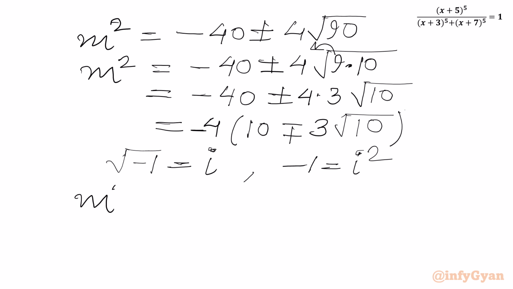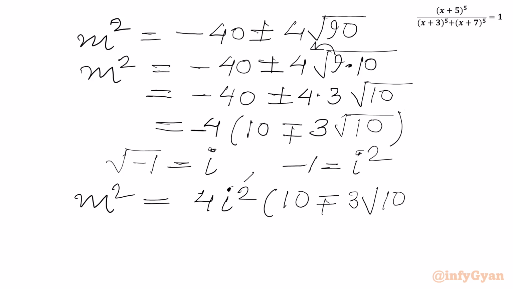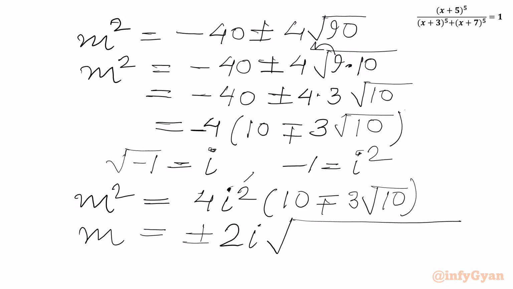So m square will become 4i square times 10 minus plus 3 root 10. Now I will take square root both sides. So we will get m equal to plus minus 2i square root of 10 plus minus, or we can write minus plus also, 3 square root 10.